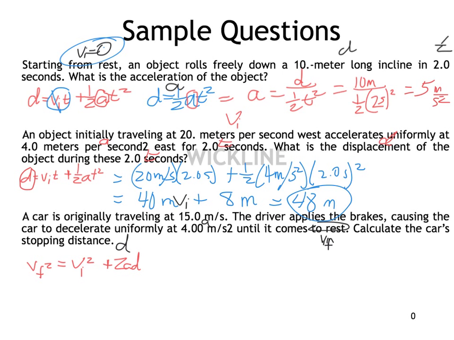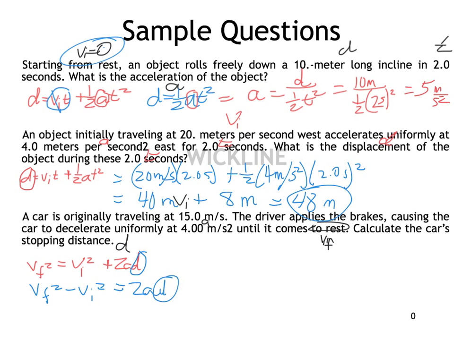All right, last question. A car is originally traveling at 15 meters per second. The driver applies the brakes, causing the car to decelerate uniformly at 4 meters per second squared until it comes to rest. Calculate the car's stopping distance. All right, so we're looking for D in this equation. And let's see, we're just going to rearrange it. From here, it's not a big deal. So you just subtract VI squared from both sides, and then you get VF squared minus VI squared equals 2AD.